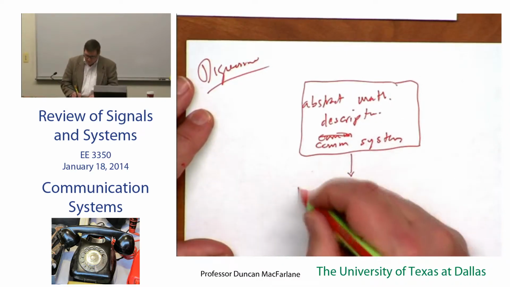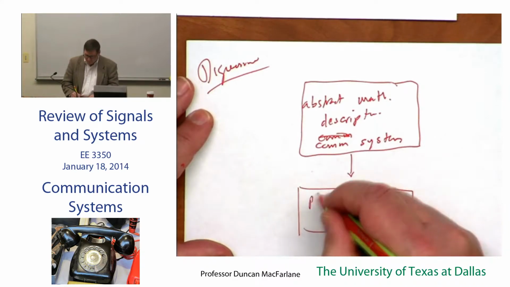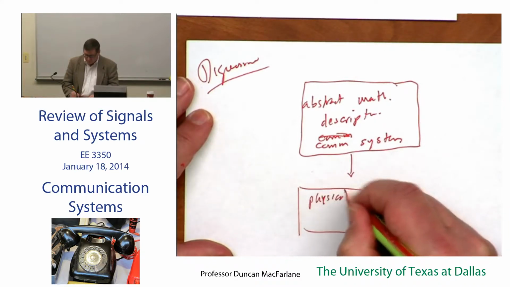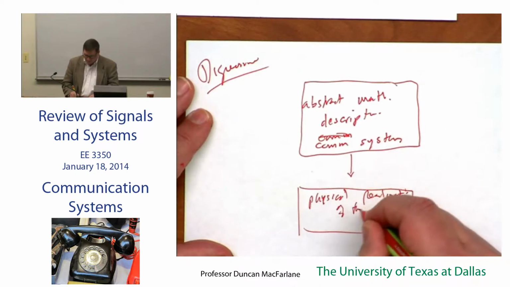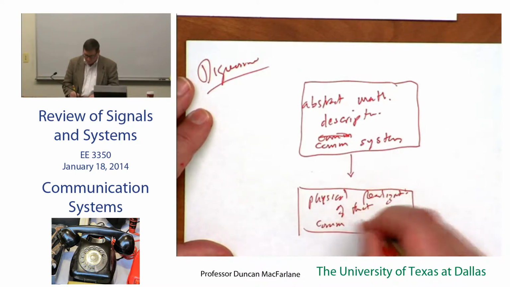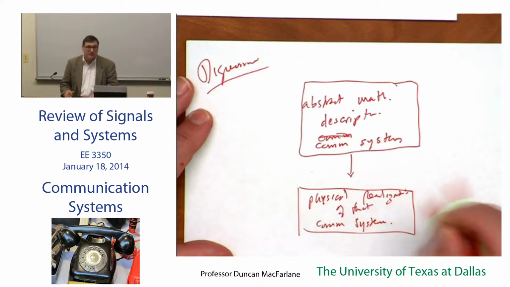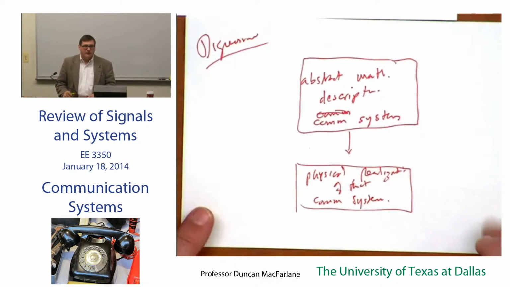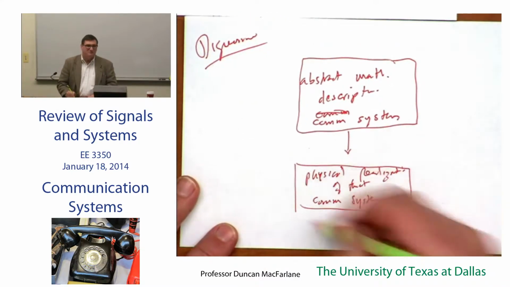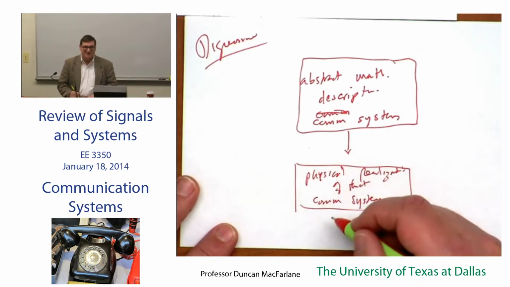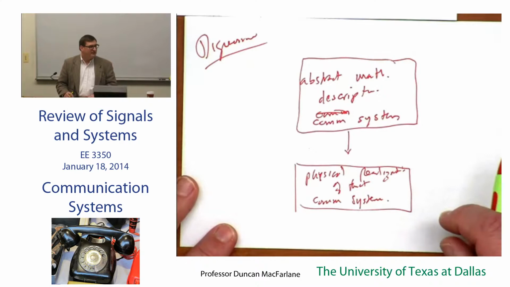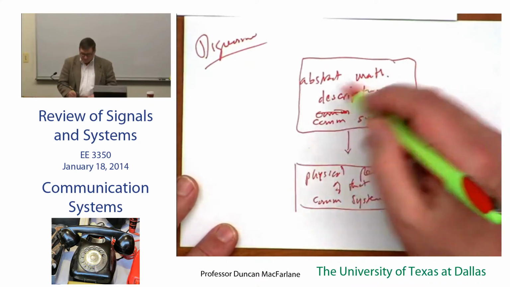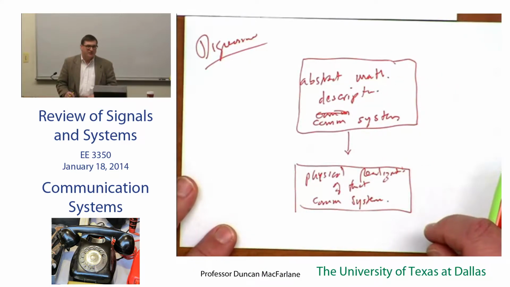Then right below it, you have the physical realization of that comm system. And so this is what you build and sell, right? This is the description of it. And you'd like for this description to be very close to that, but it won't be when you first start inventing.